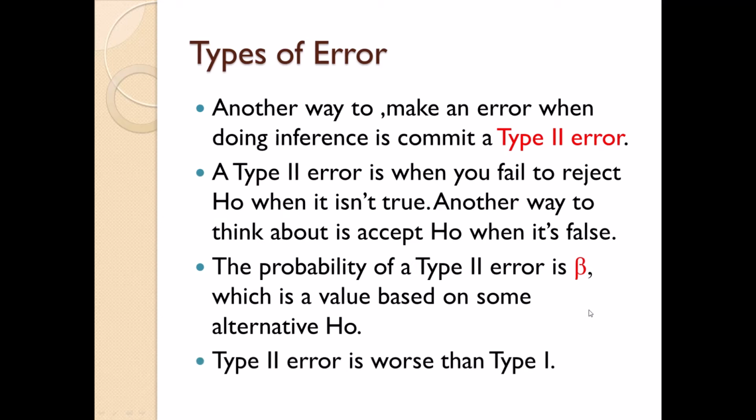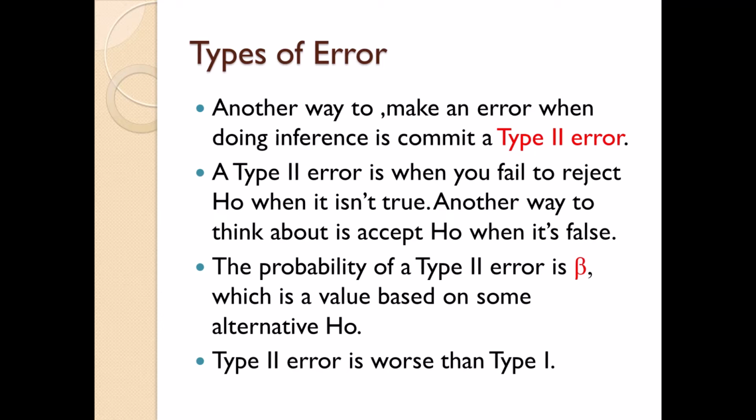Now, you'll recall that a type 2 error is worse than a type 1 error. With a type 1 error, your original conjecture is true. You don't think it is. So you go about trying to see about fixing that situation. You find out the situation was fine, and you just go back to your regular life. A type 2 error is when the world you think is correct isn't, so you're not doing anything about it.